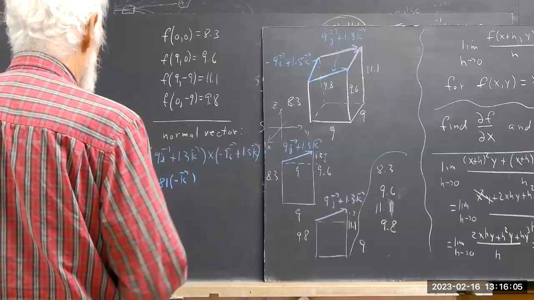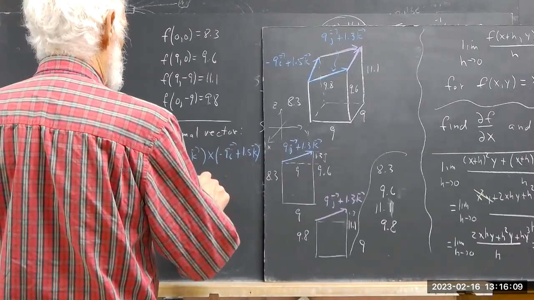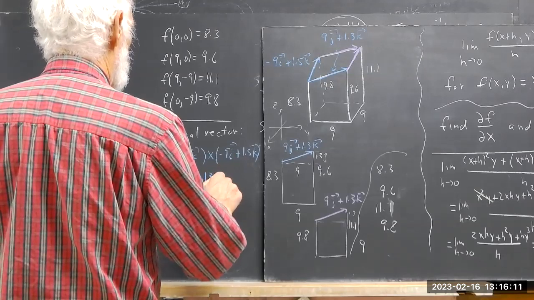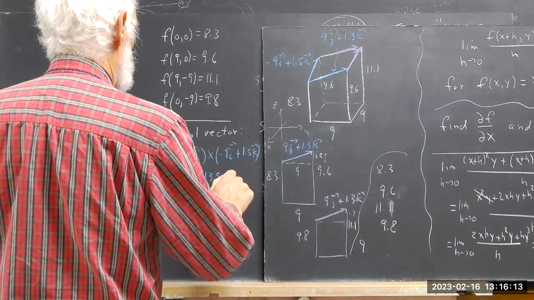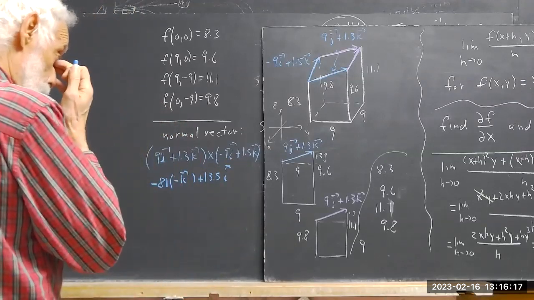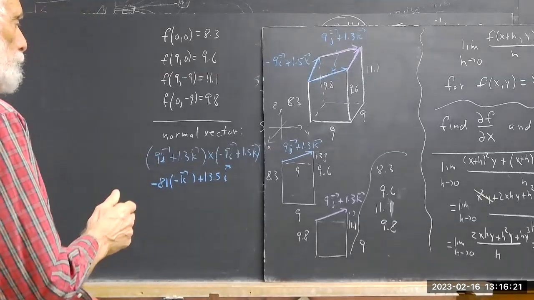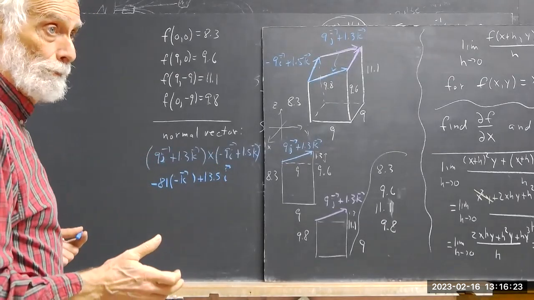Yeah, that's going to be 13.5 J cross K, that's I, and then this is going to be negative 13.5 K cross I. What's K cross I?